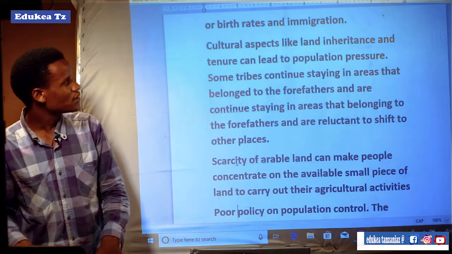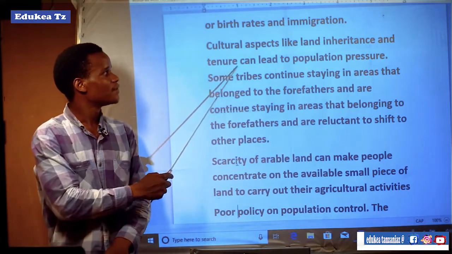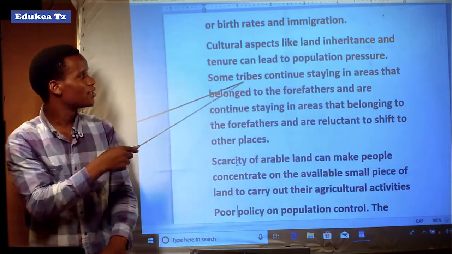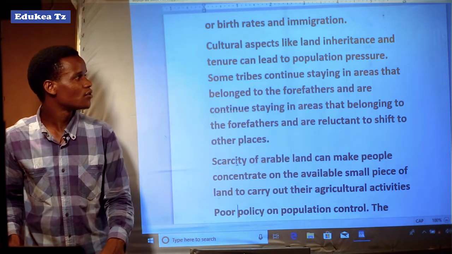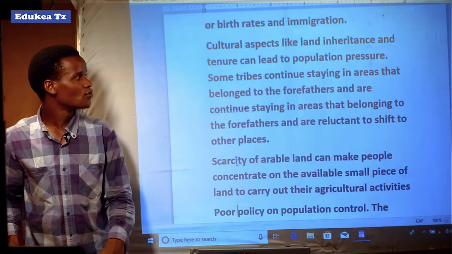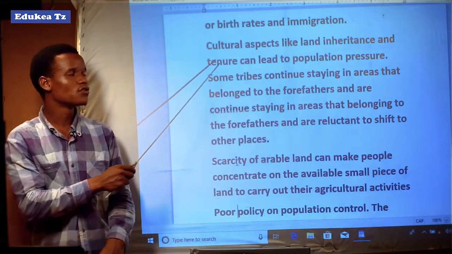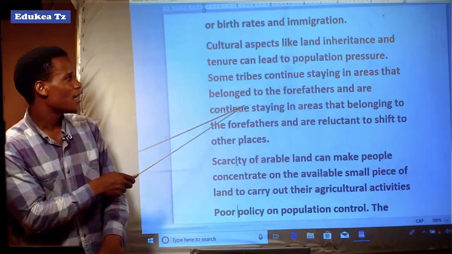Another point is cultural aspects, like land inheritance and tenure, which can lead to population pressure. There are some tribes that practice certain cultural aspects. Due to those cultural aspects and beliefs, the population of certain places becomes high compared to other areas.